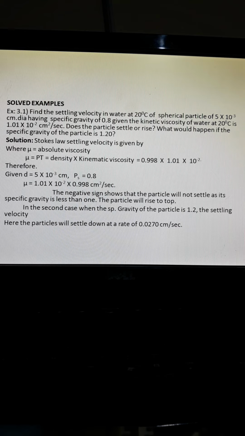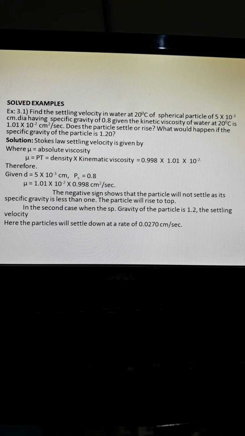Here rho s minus rho w. Rho s is the density of the solid particles, 0.8, and rho w is the density of the water, which is taken as 1 gram per cc.